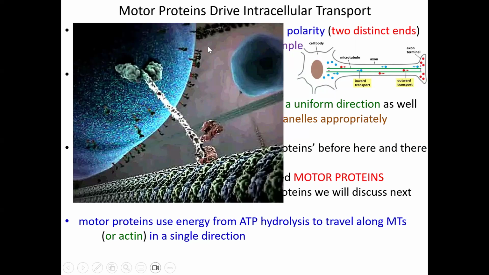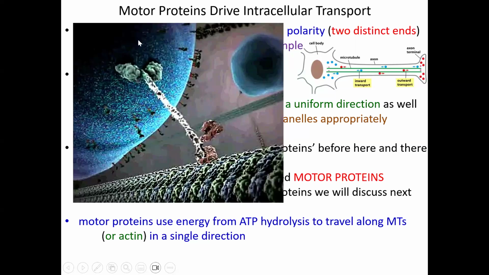So let's orient ourselves to this image. This is a screenshot from a video that I'll show you near the end of the semester, but this large blue mass here is a vesicle. That vesicle is studded with Rab proteins and v-SNAREs, so that we can dock and fuse efficiently when we reach our target. This fiber right here is a microtubule, and this is our motor protein.